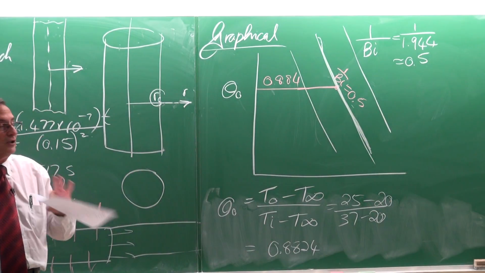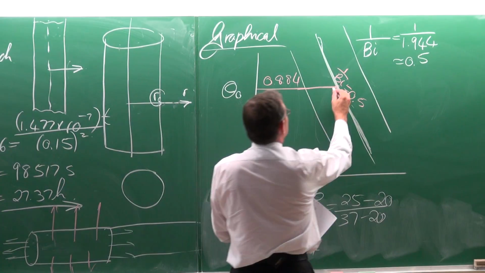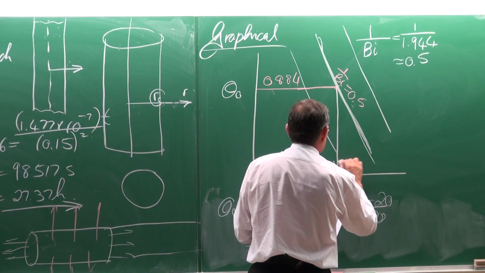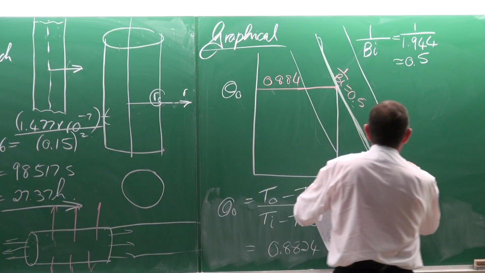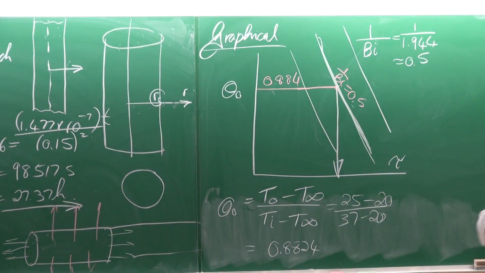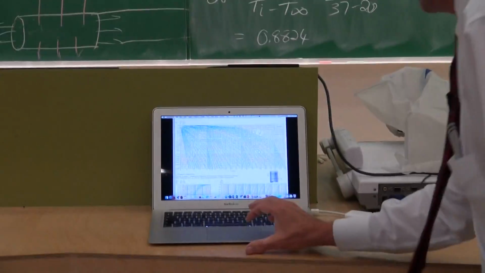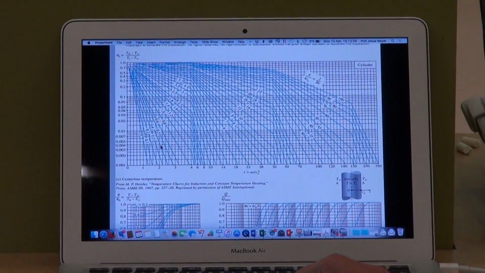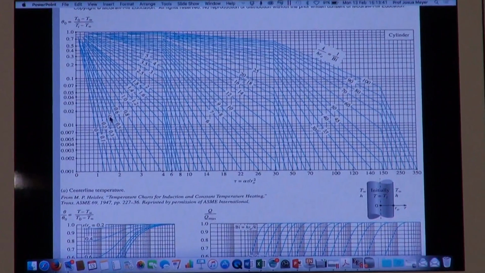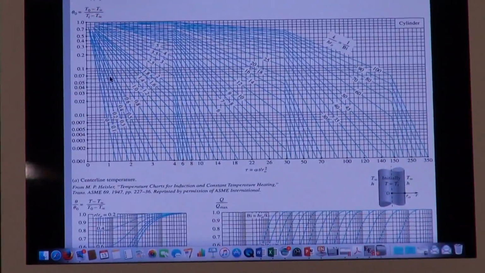Excuse me. You can't see it very well, but if you do that, then you'll get the non-dimensionalized time. Look on the graph and see if you can do that. So 1 divided by the Biot number is approximately that line of 0.5.